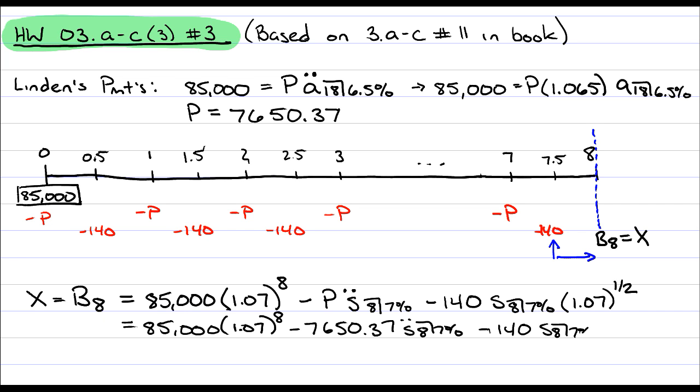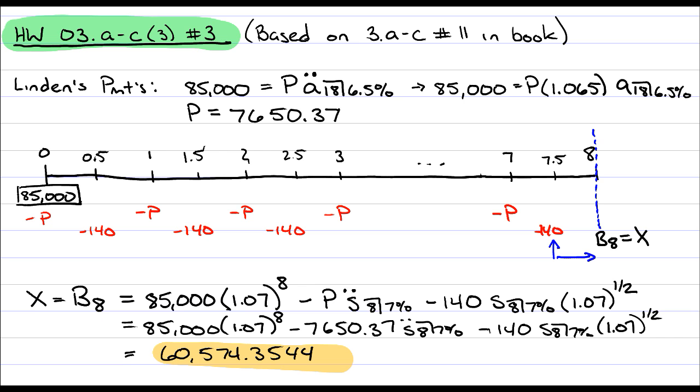Give me a second and I'll write it down. The correct answer in this case is 60,574.3544. That's the balance. That's how much money the insurance company is still holding of Linden's at time 8.